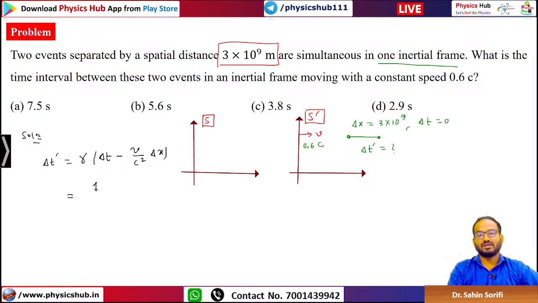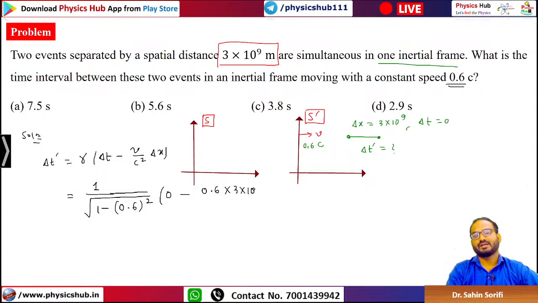Gamma is 1 upon root over 1 minus v square by c square. So v is 0.6, so v by c whole square is 0.6 square. Delta t is 0, minus v by c square, v is 0.6 c, delta x is 3 into 10 to the power 9.